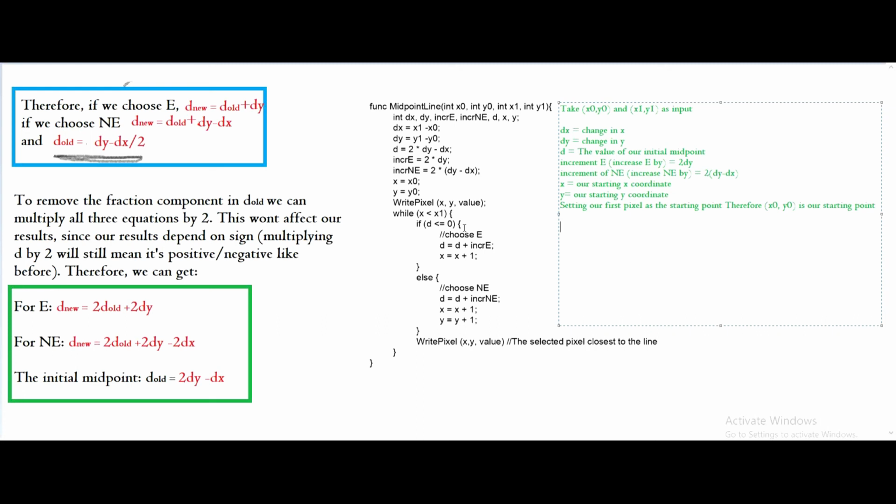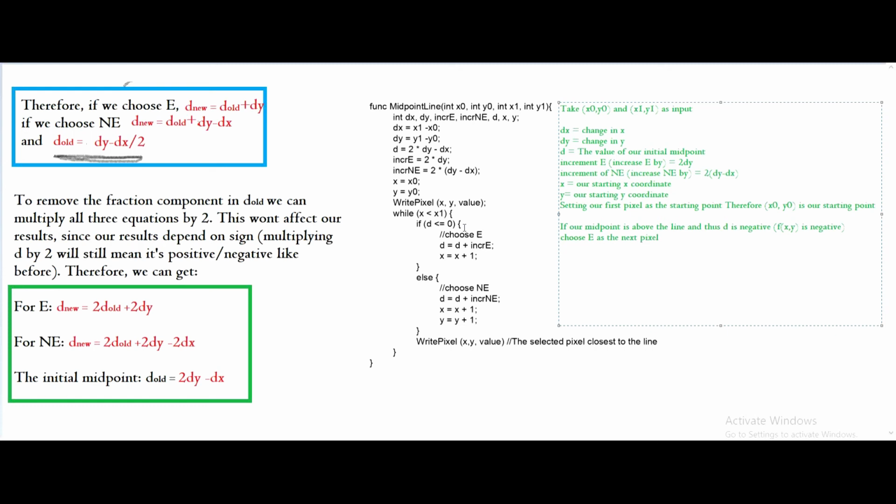So if D is less than or equal to 0, which means our midpoint is basically above our line, and thus D is negative, which means f(x,y) is negative, we are going to choose E as the next pixel.